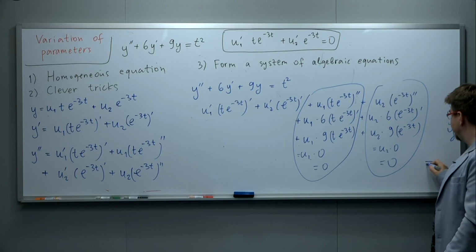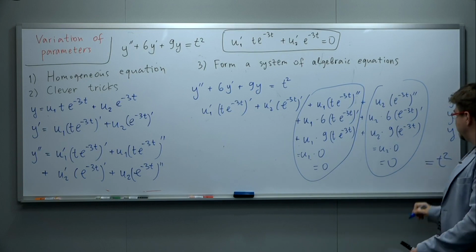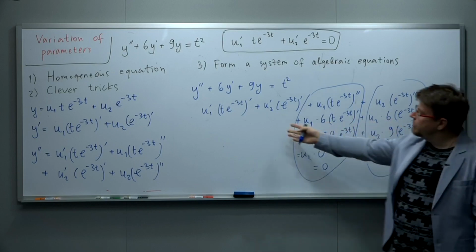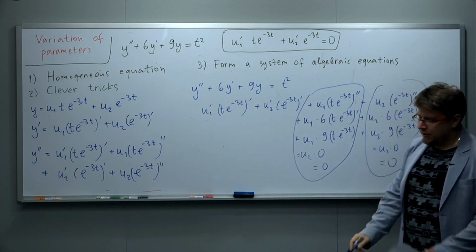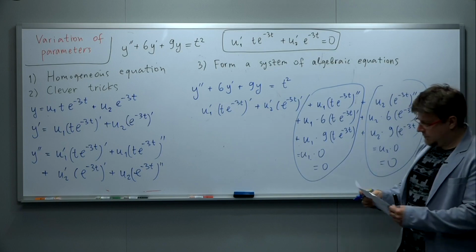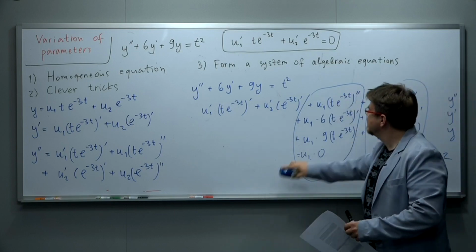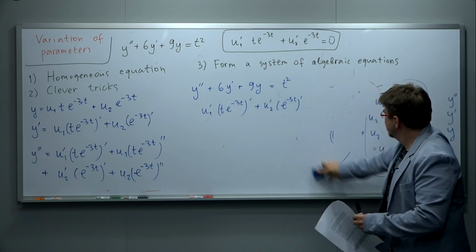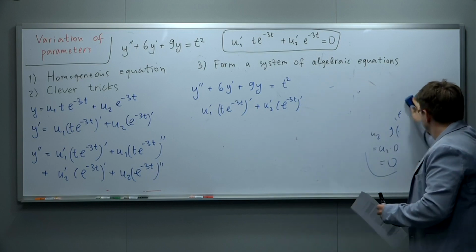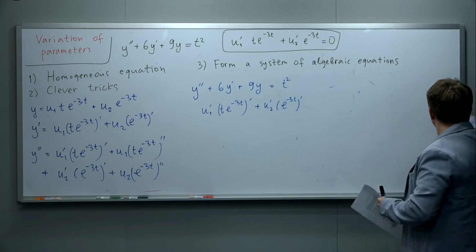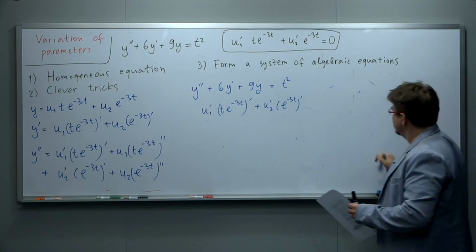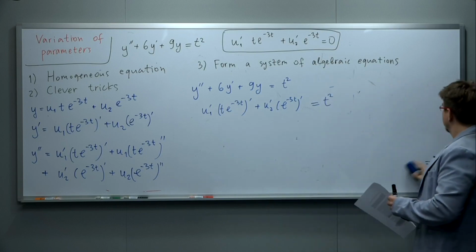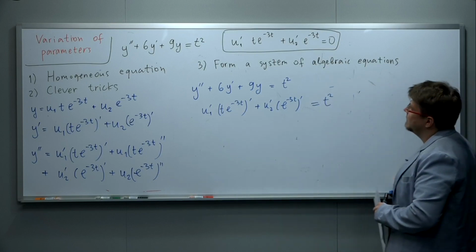Right? And this must be equal to t squared. But this part is just 0, so the remaining part is this, equals t squared.